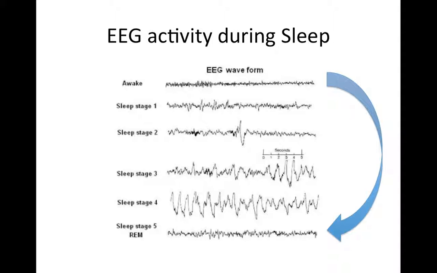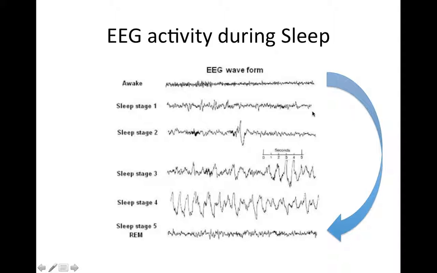And what you see is deeper and deeper, or slower and slower waveforms, larger waveforms that are slowing down. And then when you're in the deepest stage of sleep, this is sometimes referred to as stage 4 slow wave sleep, or SWS. You might have read about that. And then you transition into a period called REM, or rapid eye movement. And this is the deepest sleep.